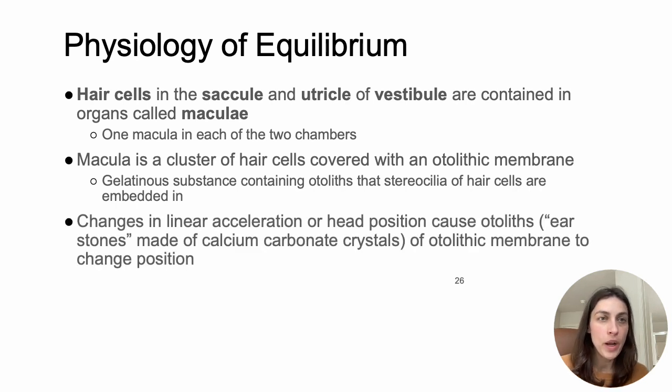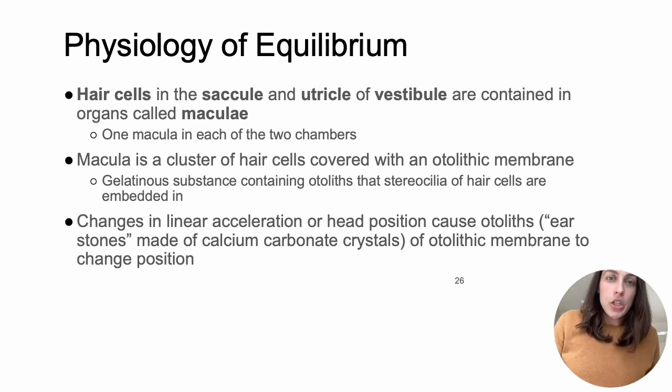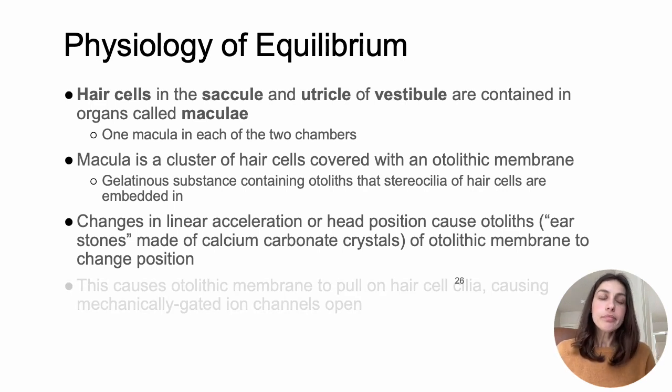And when we have linear acceleration or movement of the head, these otoliths shift due to gravity, the direction of the gravitational pull being changed. In the case of linear acceleration, it's the momentum buildup in how those otoliths move.